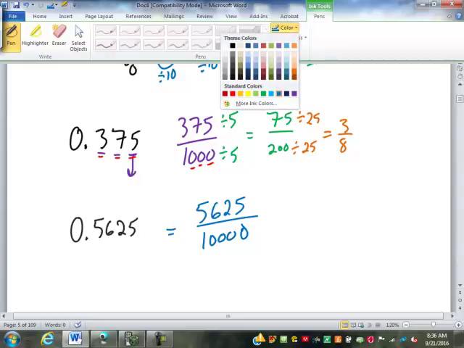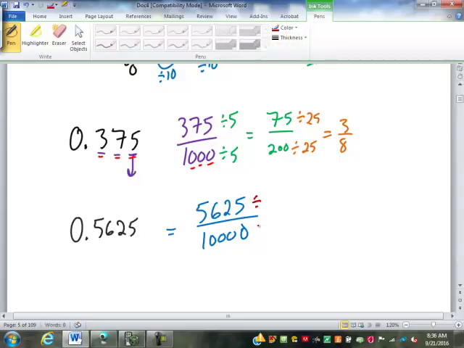Well, what's it divisible by? 50? No, it doesn't divide by 50. It'll divide by 25. There you go. You got farther than I got. So if you divide it by 25, what do you get? 225 over 400.